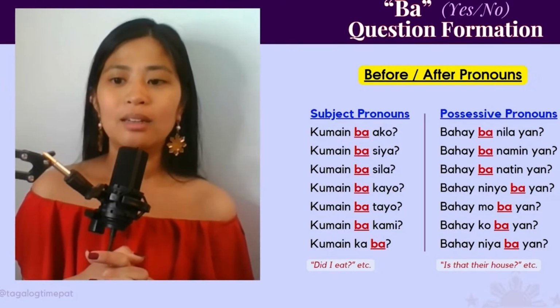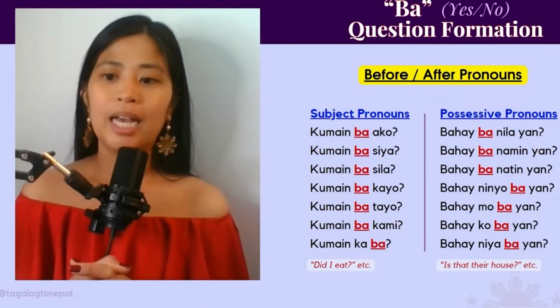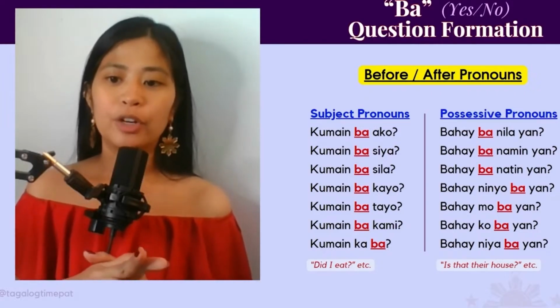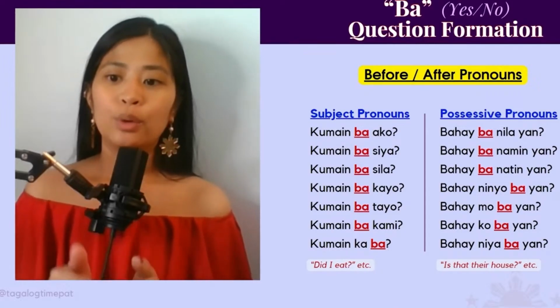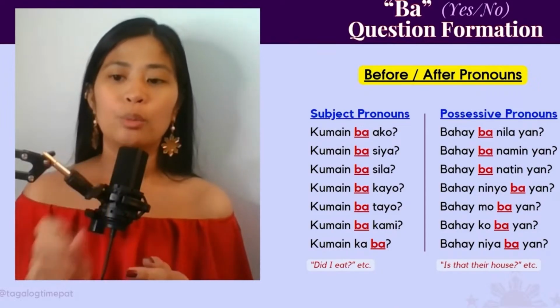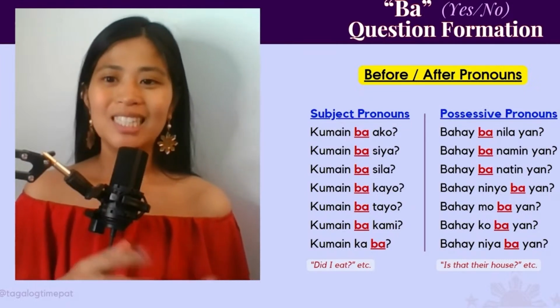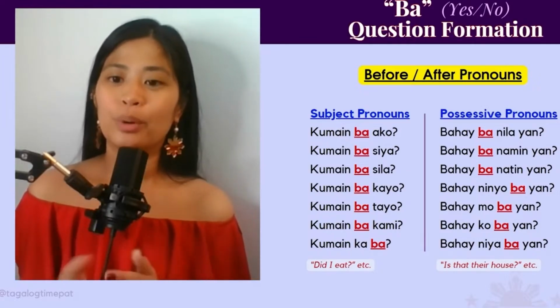Bahay ko ba yan? And bahay niya ba yan? Niya is another pronoun where I've heard both. Bahay ba niya yan? But mo and ko usually go before ba. So it's tricky. This slide is just to show you that it can be tricky when using ba and pronouns.